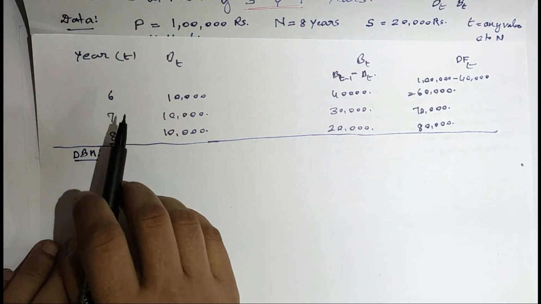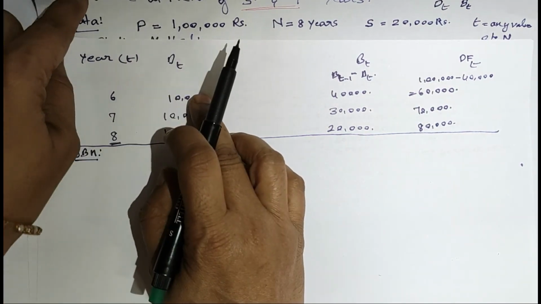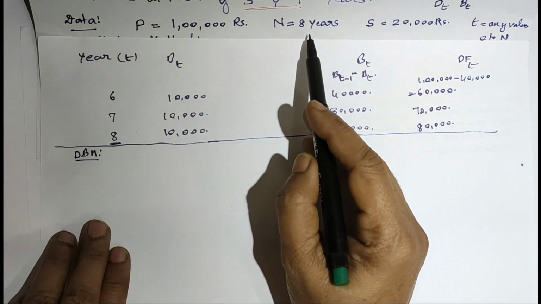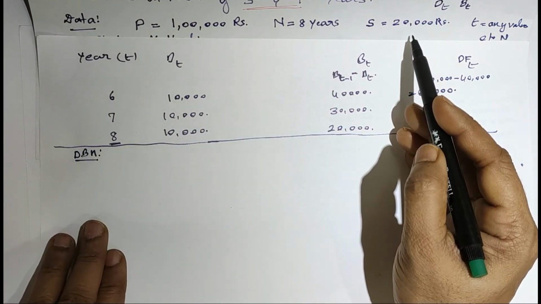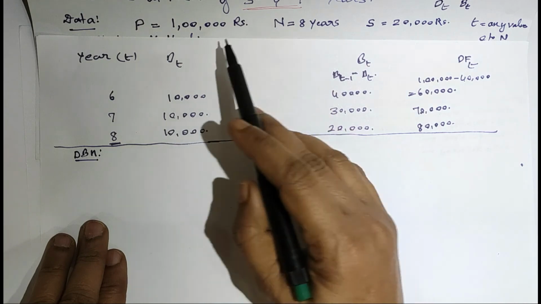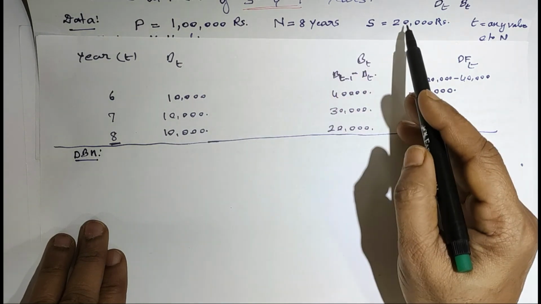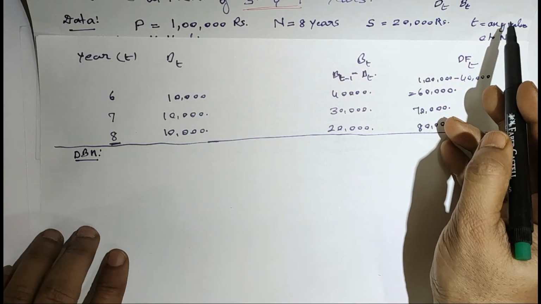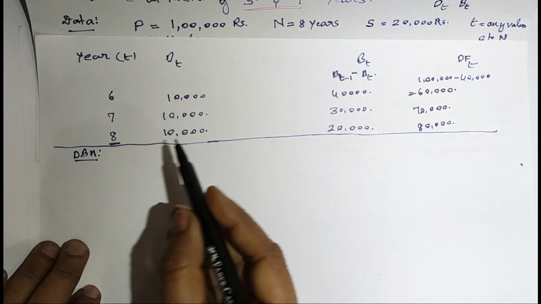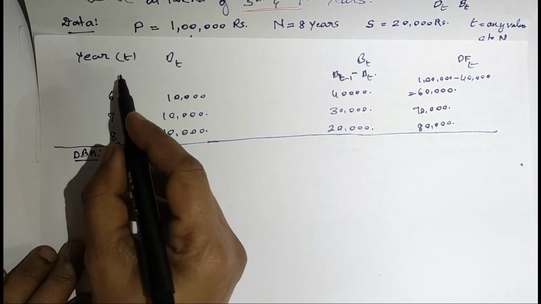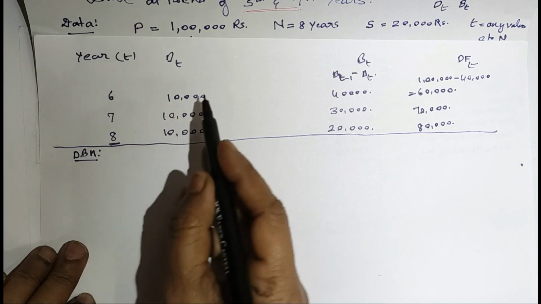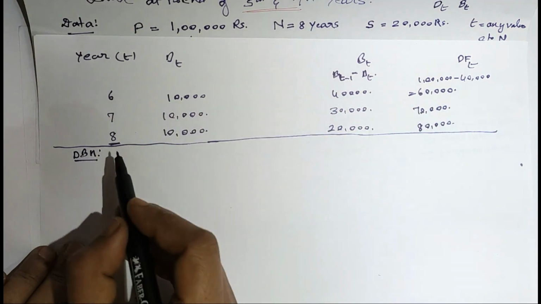Now I have P equals 1 lakh, N equals 8 years, salvage value 20,000 rupees. That is the first cost, estimated life, salvage value, and T is any value. We already know it. Now, the table has the same column headings: year, DT, BT, DFT.